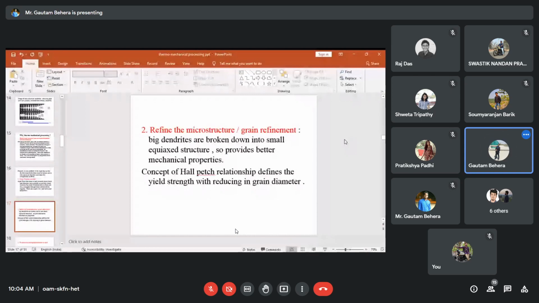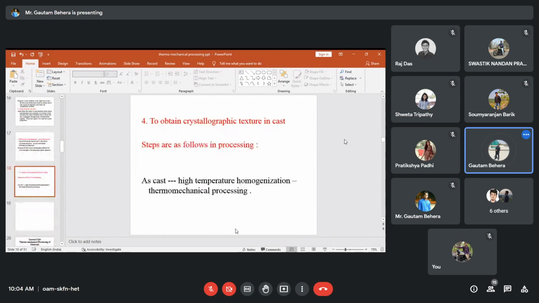Sigma y is equal to sigma naught plus k d to the power minus half, right? Sigma y is the yield strength, so yield strength depends upon the diameter of the grain. If the grain diameter is small, your yield strength will be high. If the grain diameter is bigger, yield strength will be low. So sigma y depends upon d, right?